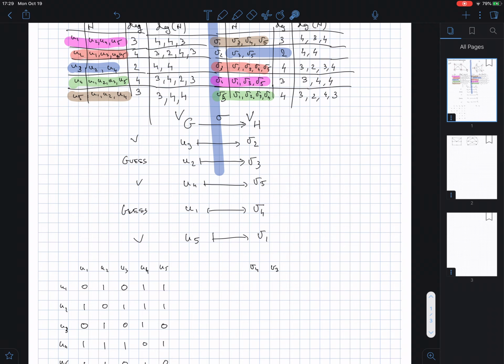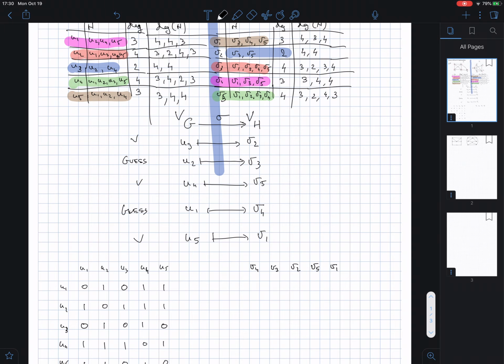U3 goes to V2, so this becomes V2. U4 goes to V5, so this is V5, and then finally U5 goes to V1, so this is V1.